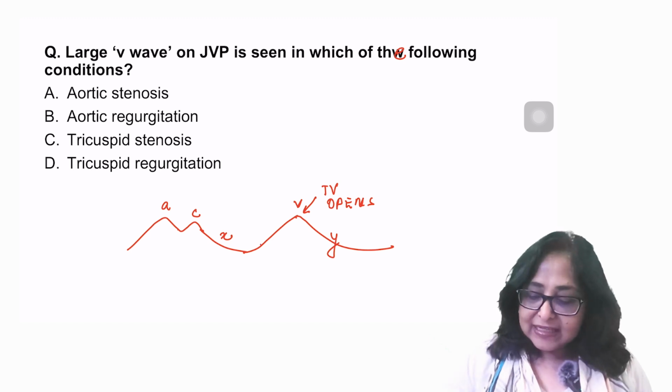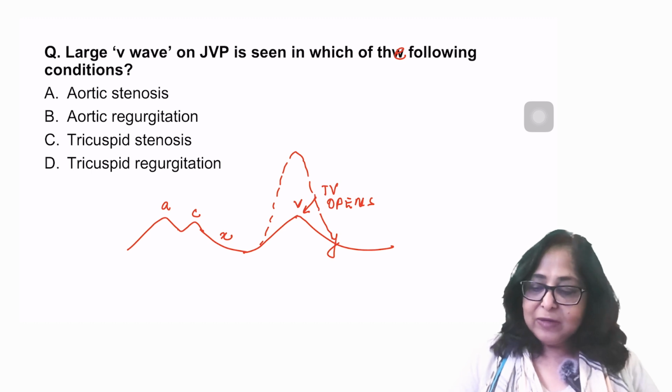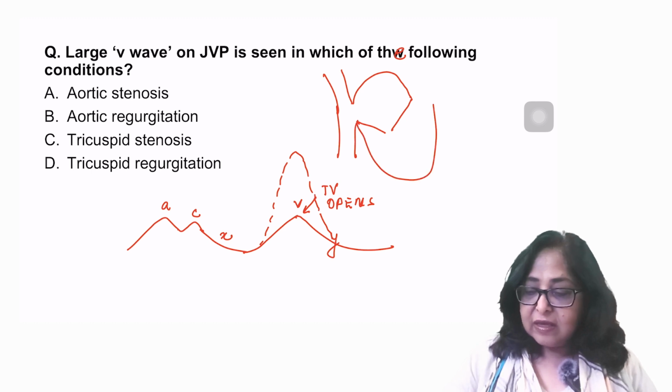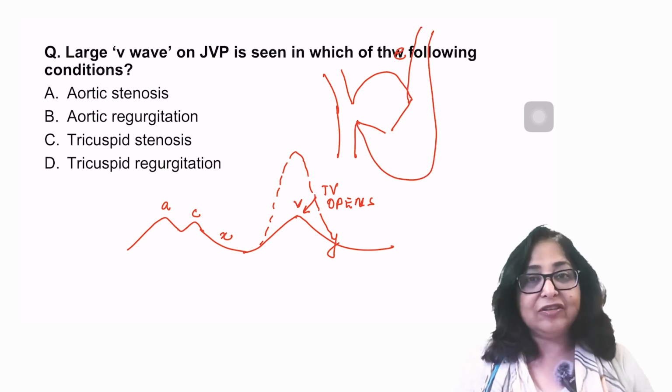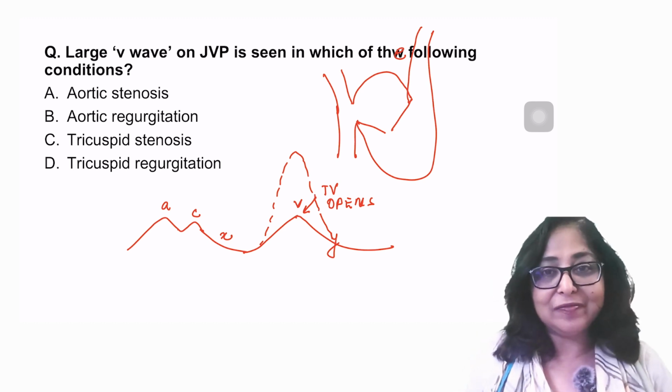Now, when will I get a large V wave? The V wave, we said, is due to venous filling of the right atrium just before opening of the tricuspid valve.